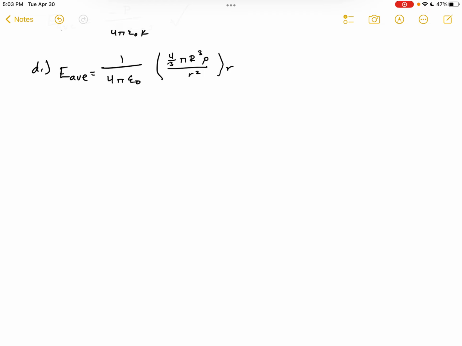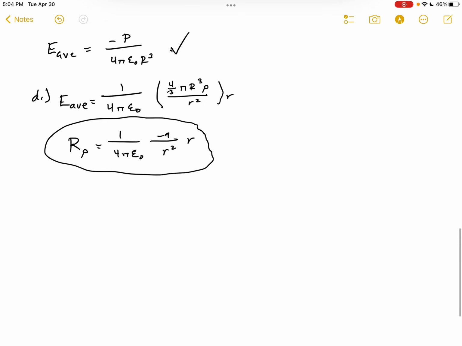And then we know that, due to it being a uniformly charged sphere, this is going to be 1/4 pi epsilon naught times negative q over r squared r-hat. And that will be the average electric field outside the sphere due to a point charge that is equal to the electric field the same charge produces at the center of the sphere.